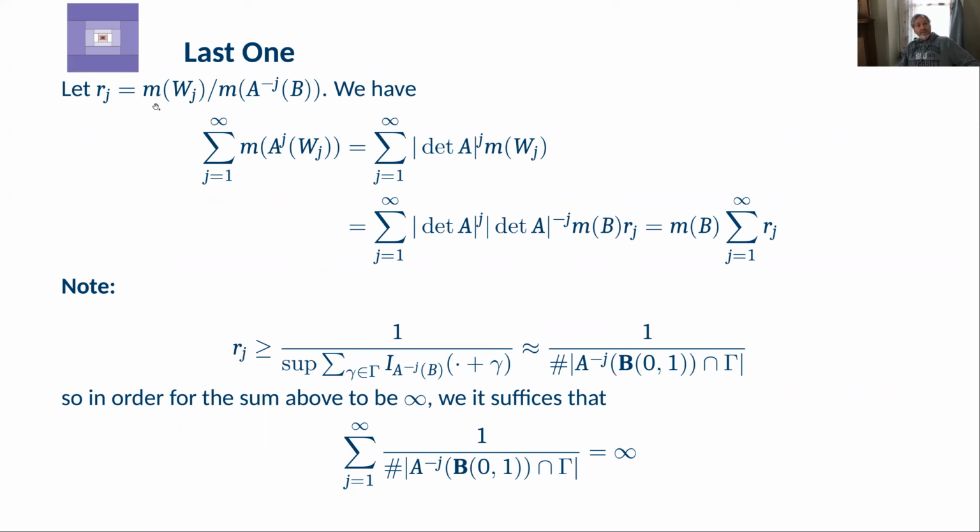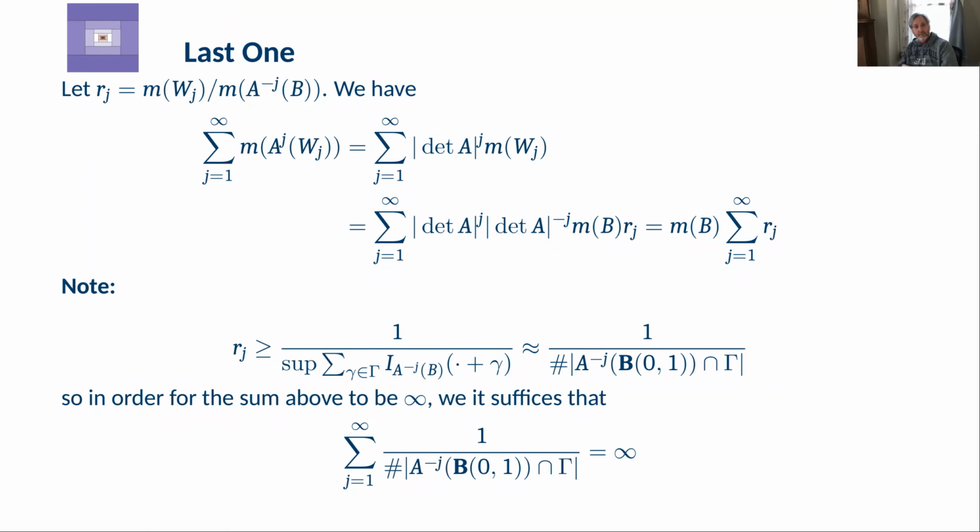So Rj is the percentage of the negative dilate of the ball that we're able to include. If the Rj's are really close to 1, that means we've been able to include a lot of the ball inside our Wj. If you look at the sum of the measures of a to the j Wj, so we're mapping them back to U, the first step is always true: it's the determinant of a to the j times the measure of Wj.